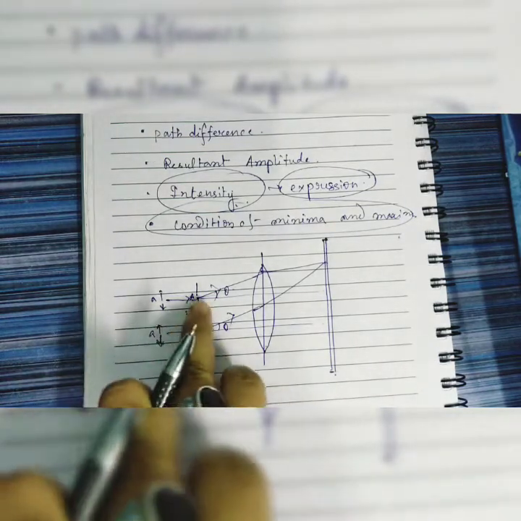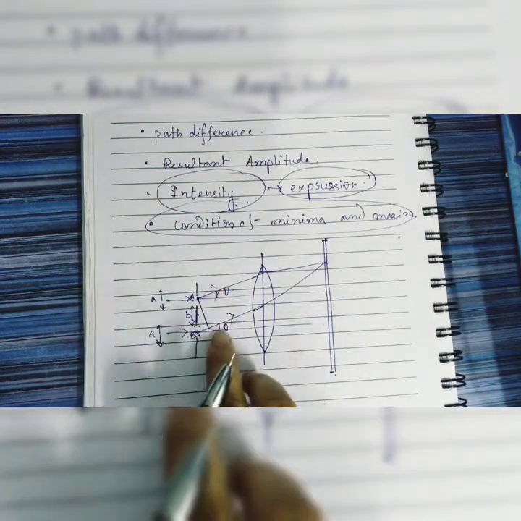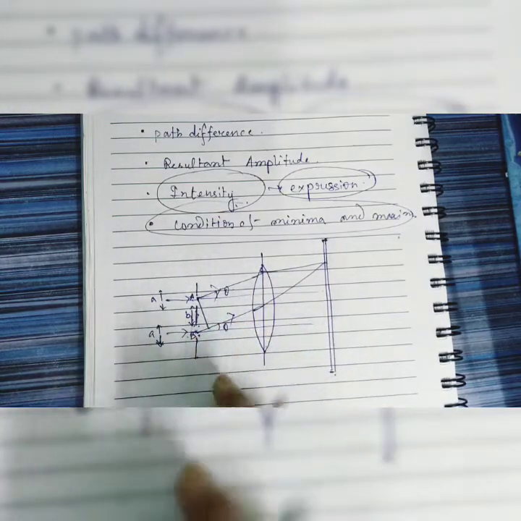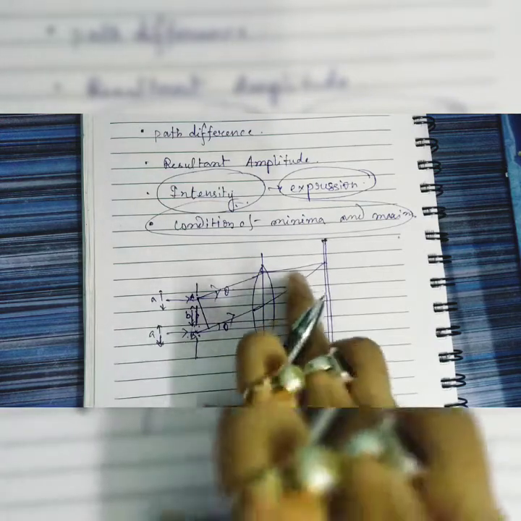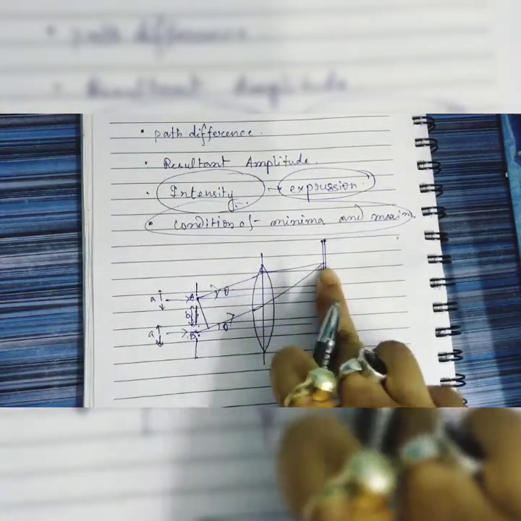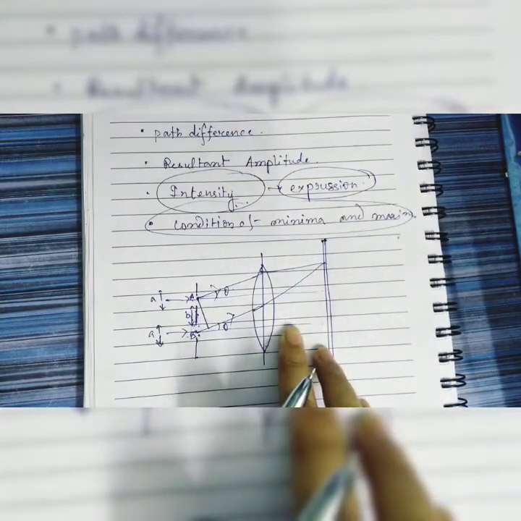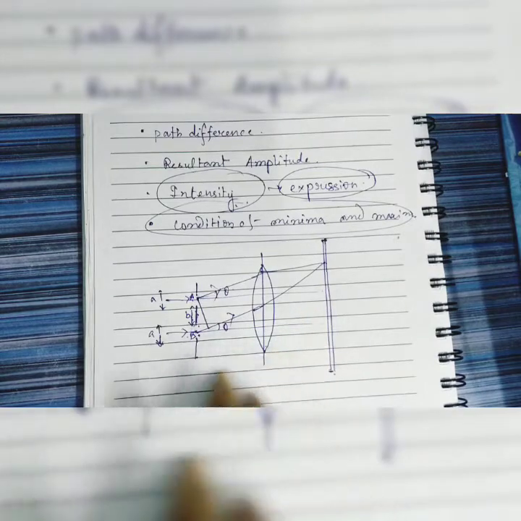So now from this point the ray will get diffracted, and the diffracted rays will go to the converging lens. What the converging lens actually does is converge the rays into a point. Now we will show what actually happens, diffraction and interference, what it is showing.